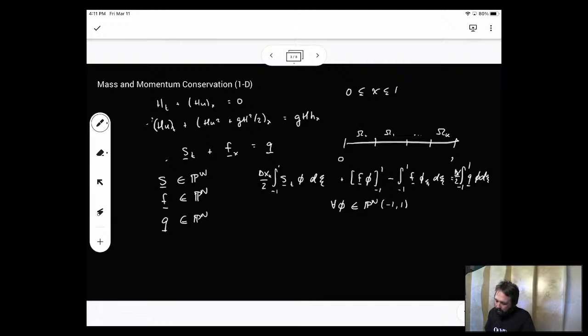Now, because what we're doing with this boundary term when we did that integration by parts is essentially evaluating the flux on the element boundary, so at the edges of each element, what we actually do in practice is replace this flux with what's called a Riemann flux. A Riemann flux is usually, for these nonlinear problems, an approximate solver that looks at the solution state on either side of the edge.